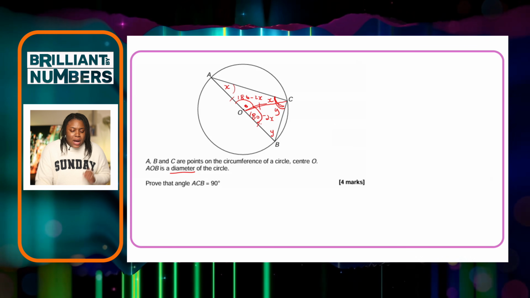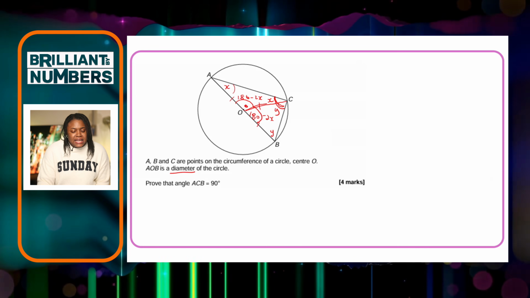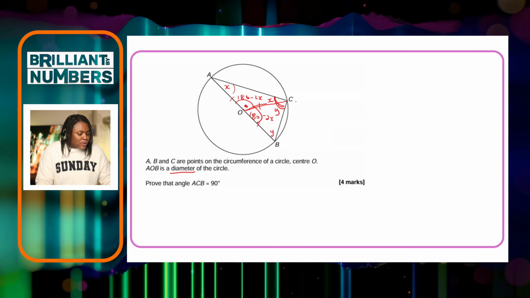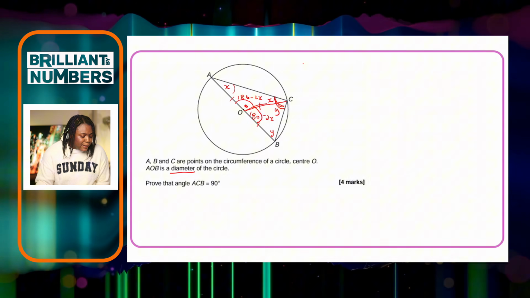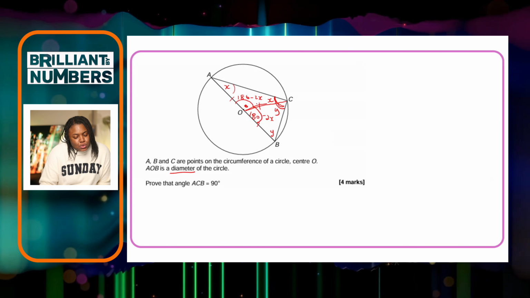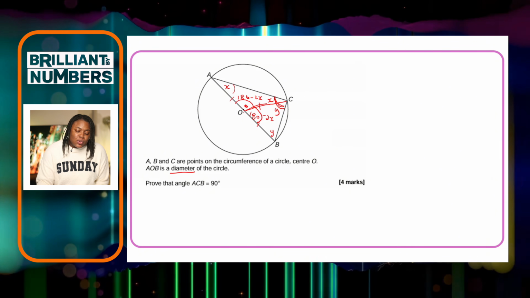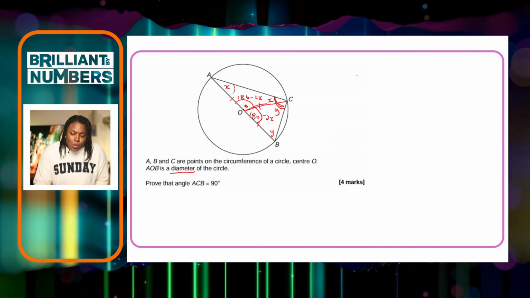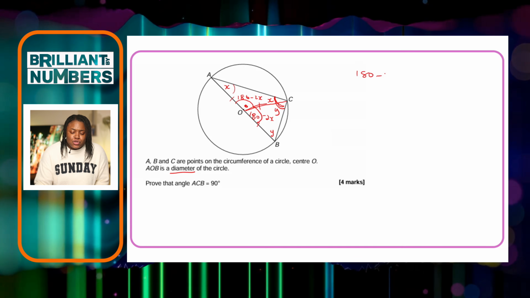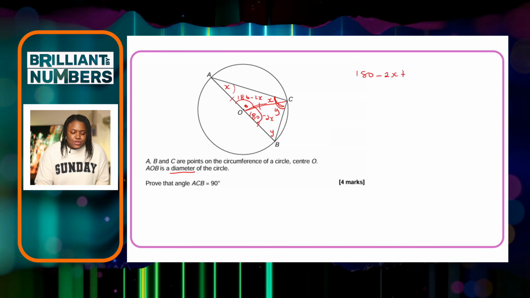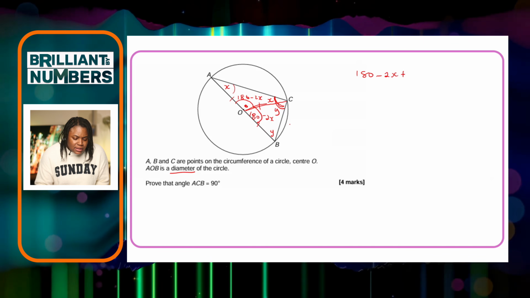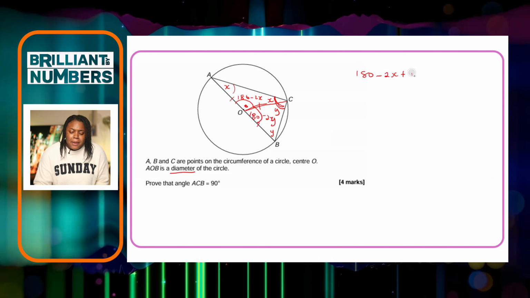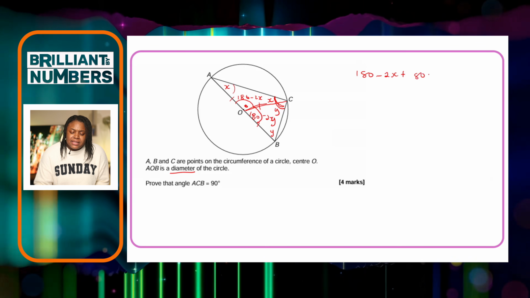Okay, now I know that the angles in a triangle should add to 180. So we've got those two. So let's write it out. So I know that these two are on a straight line. So angles on a straight line add to 180. So let's go. 180 minus 2x plus 180 minus 2y should be equal to 180.